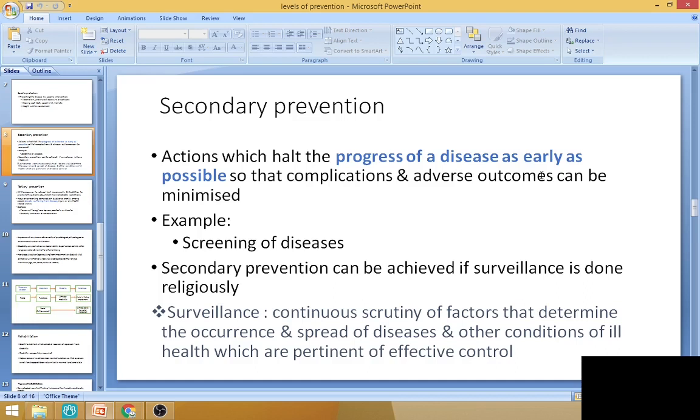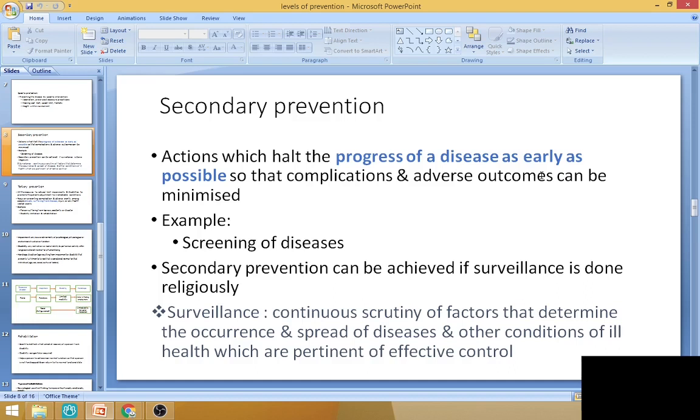Understood? That is why secondary prevention is applied when the disease is there, but we are preventing its progression. So if you are asked which level of prevention screening of a disease is, your answer should be secondary level of prevention. Understood?